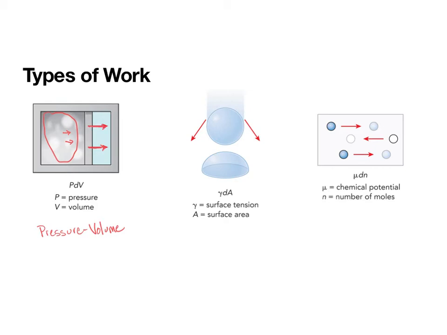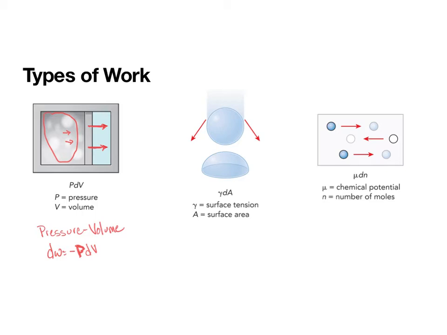I always think of this as a syringe: as I put stuff into the syringe, my volume gets bigger, and as I take stuff out, my volume gets smaller. This is probably our easiest form of pressure volume work to understand, because we can say that dW is equal to negative PdV, and our equation has pressure and volume in it, which is the type of work that we're doing.